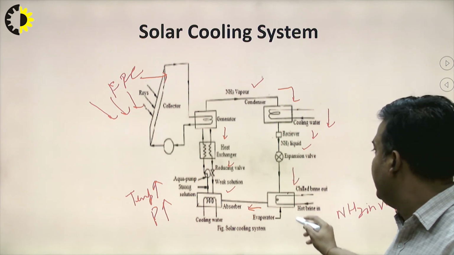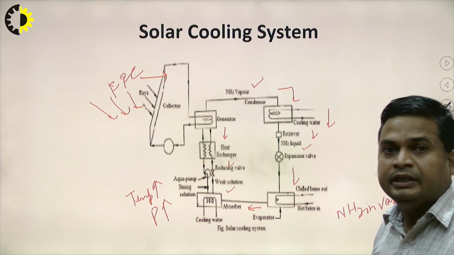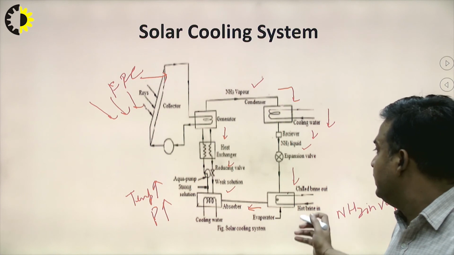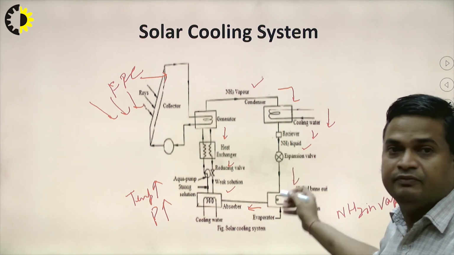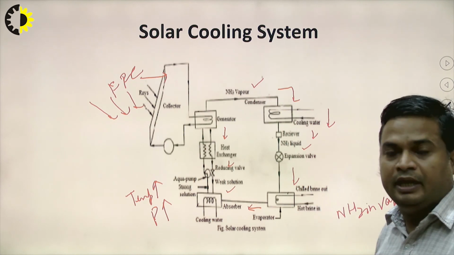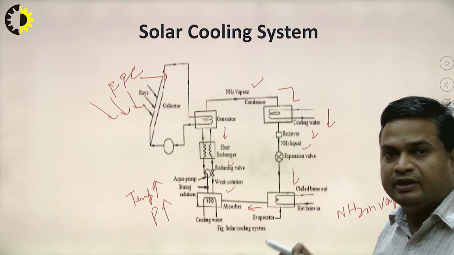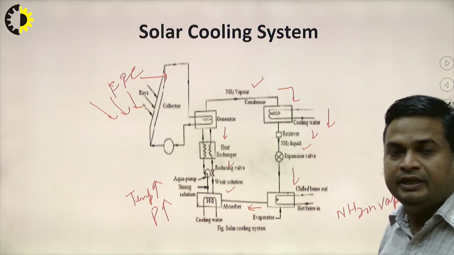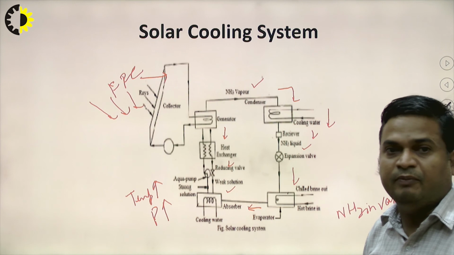After this, the evaporator is there. The temperature and pressure drop, and this ammonia takes the energy from the area, that means the effective cooling area, and converts into vapor form.